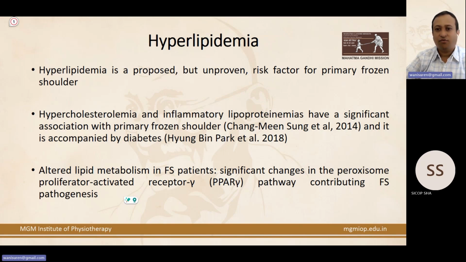Hypercholesterolemia and inflammatory lipoproteinemias also have an association with primary frozen shoulder, which may be associated with diabetes. Altered lipid metabolism in frozen shoulder has also been studied previously to confirm whether it is related to the development of frozen shoulder or not.